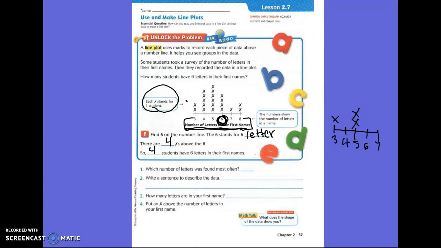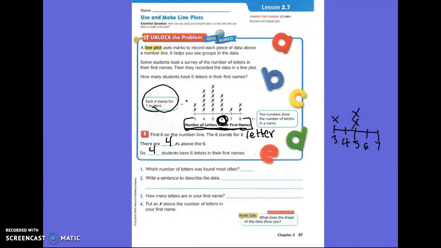So, let's look at the first question. Number 1 asks, which number of letters was found most often? What does often mean? You're finding them a lot, the most. Most often means you're finding them the most, like the most people have that amount of letters.